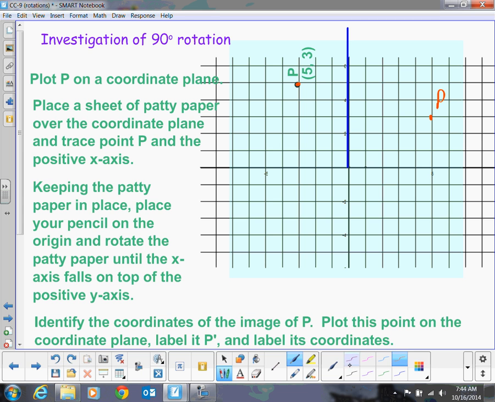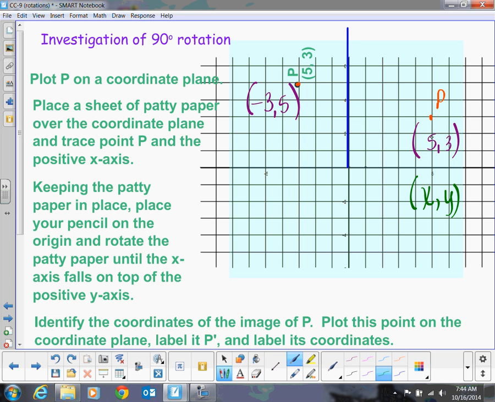All right, so the coordinates here are no longer 5, 3. What are these coordinates? Negative 3, comma, 5. The original point was 5, 3. So my question to you: if this was the ordered pair x, y, what is its 90-degree rotation going to be?